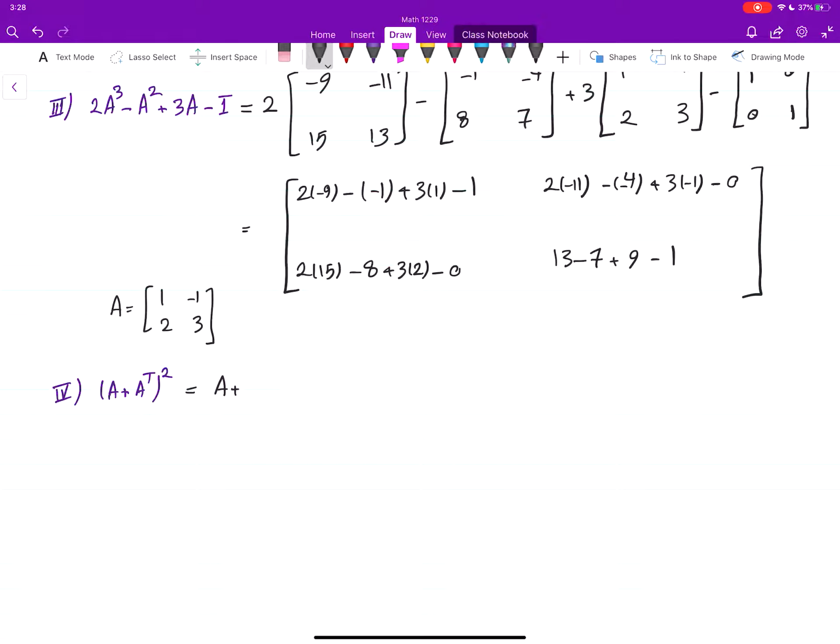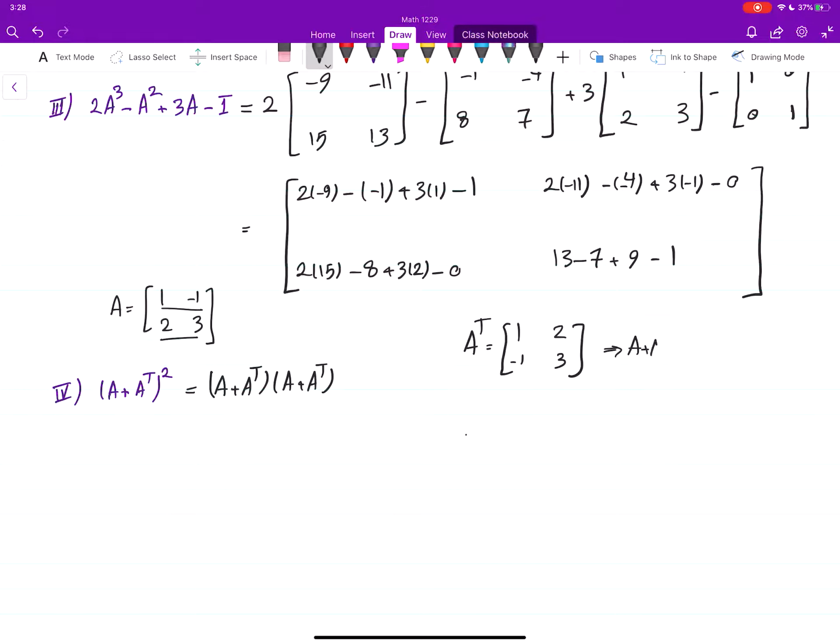Means that you have to first find A and A transpose, then add them and then multiply it to itself. So here, A transpose is, you see the first row goes to the first column, second row goes to the second column.